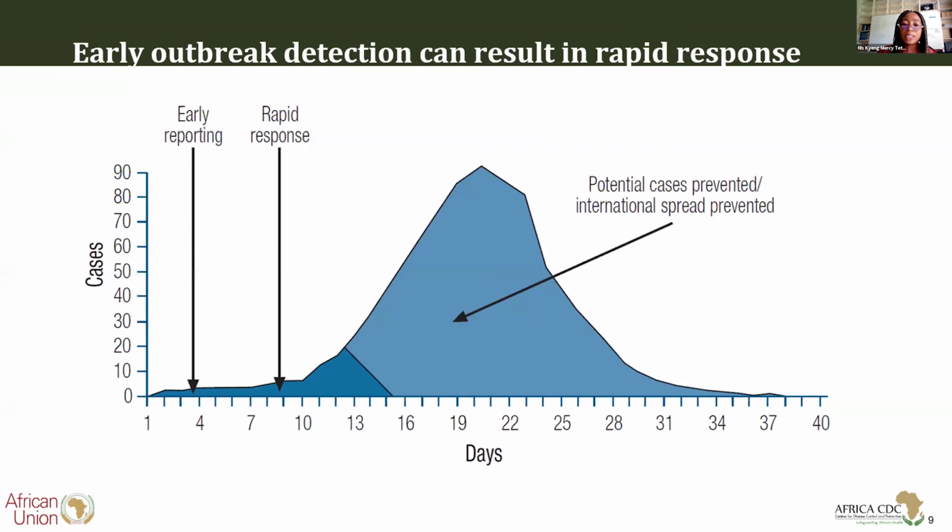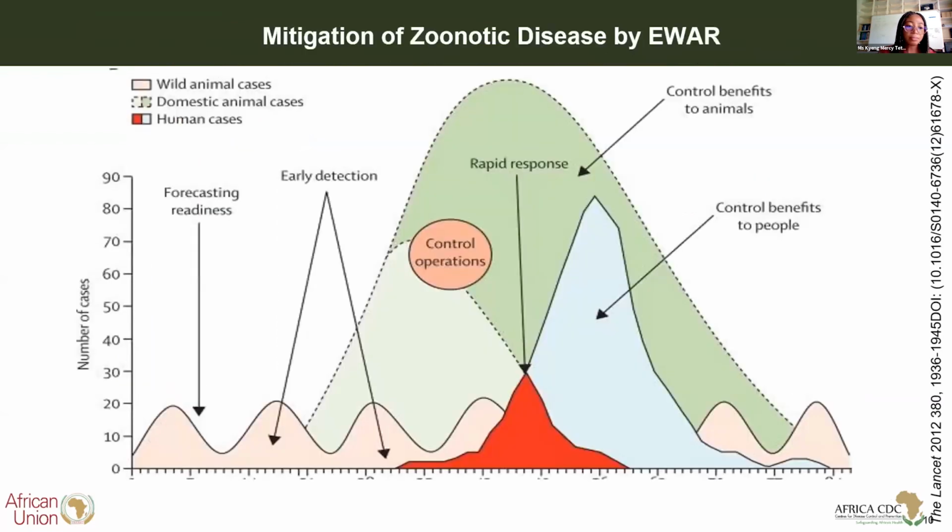However, if you look at day 3 on the graph, if there are early detection capacities and structures using the One Health approach, the public health threat will be detected at day 3, and response could set in at, say, day 9. And then you see that there is a very great opportunity to prevent the spread of the disease in both the human population and the animal population. So the number of deaths and cases that will be averted will really be huge. We're going to see that in the next slide, please.